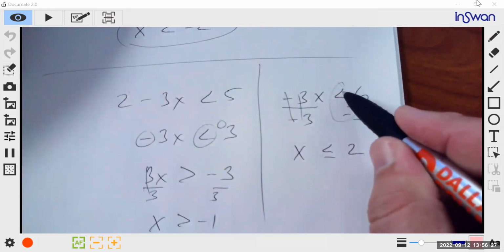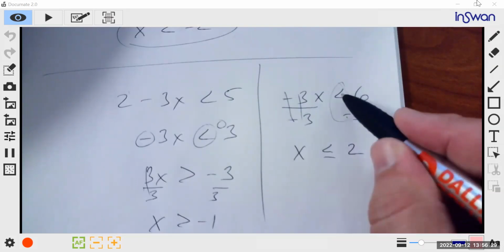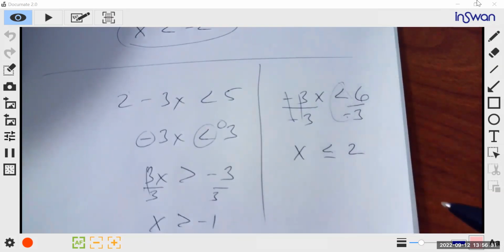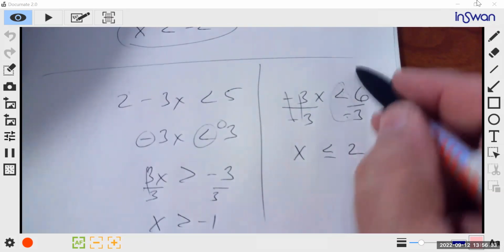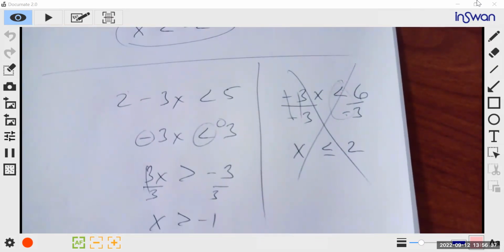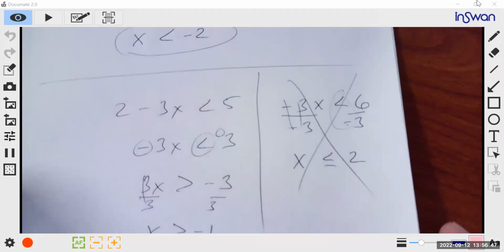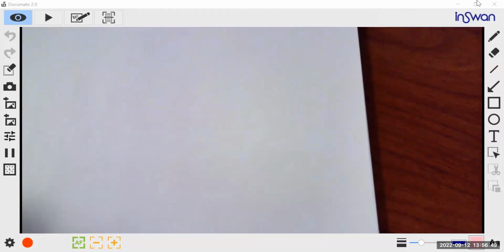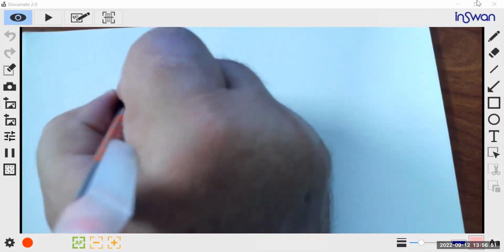Because now is this a less than or equal to, or is it less than -2? So that's why, please get away from dividing by negative numbers. Always treat the signs and the numbers separately. You'll never have the sign issues again. It even works when we have tripartite equations.